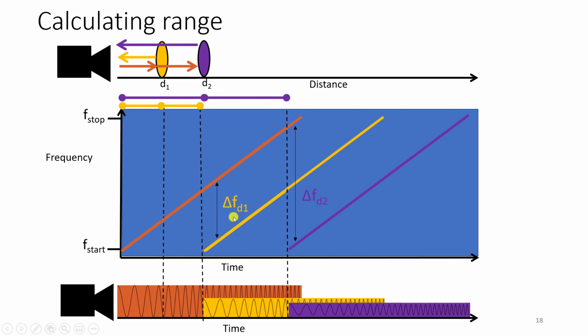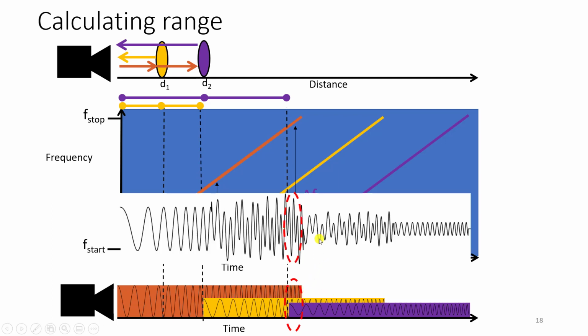So there's a linear relationship between this difference in frequency between the transmitted and received and what the distance is. That's how we actually measure the distance, by this difference in frequency. And so if you actually look at these waveforms, these combined waveforms, this is what's being added together.